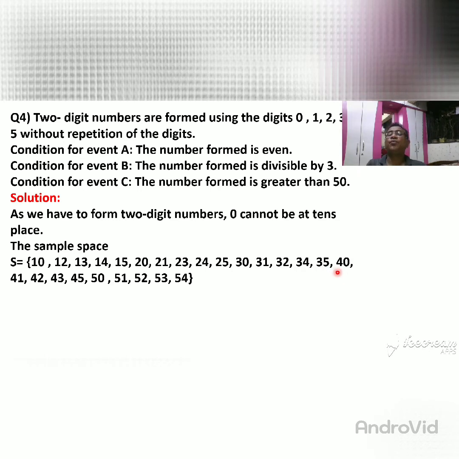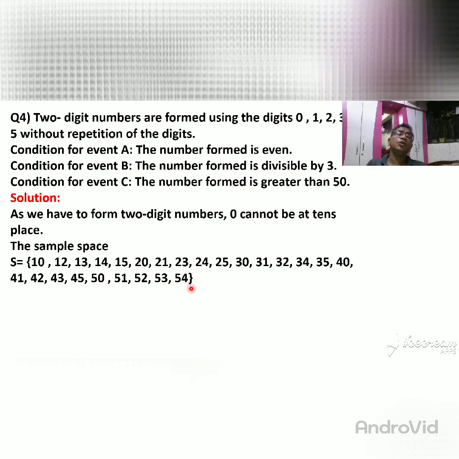So I start from 4 with 0: 40, 41, 42, 43. Then 44, but we don't write 44 because there is repetition of 4. Then 45. Then 50. Then the other numbers 51, 52, 53, 54.